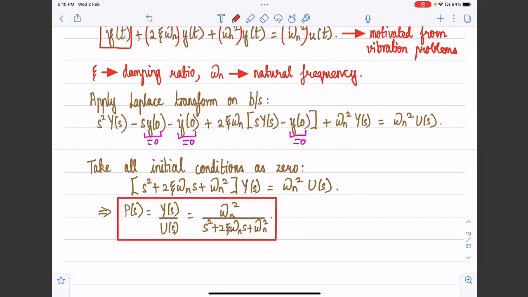Once again, by now I'm sure all of us know the process. We write down certain characteristics or properties associated with the transfer function and do the analysis.